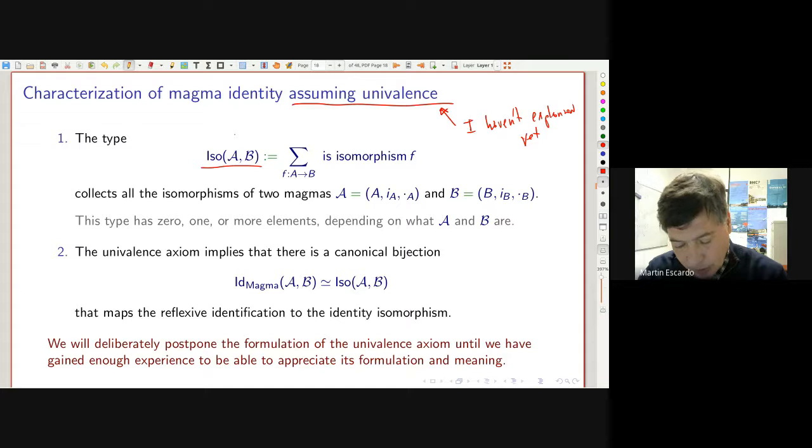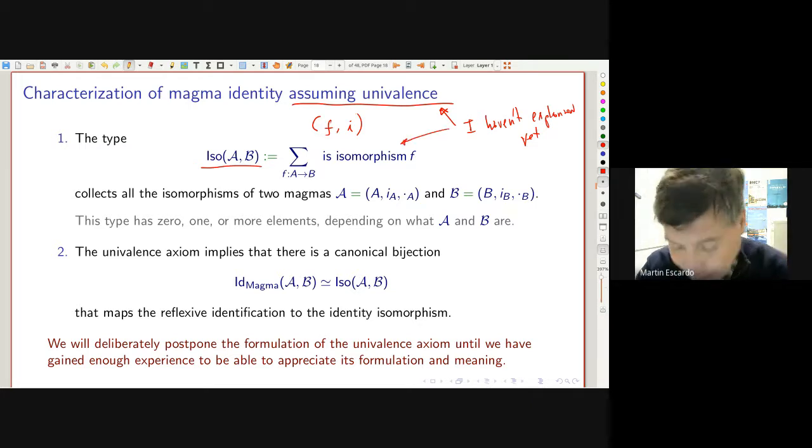So I'm going to form the type of pairs, something like F and I. The first component of the pair is going to be a function F, and the second component is going to be a witness that this F is an isomorphism. We haven't defined it formally yet, but you can imagine what the definition is.